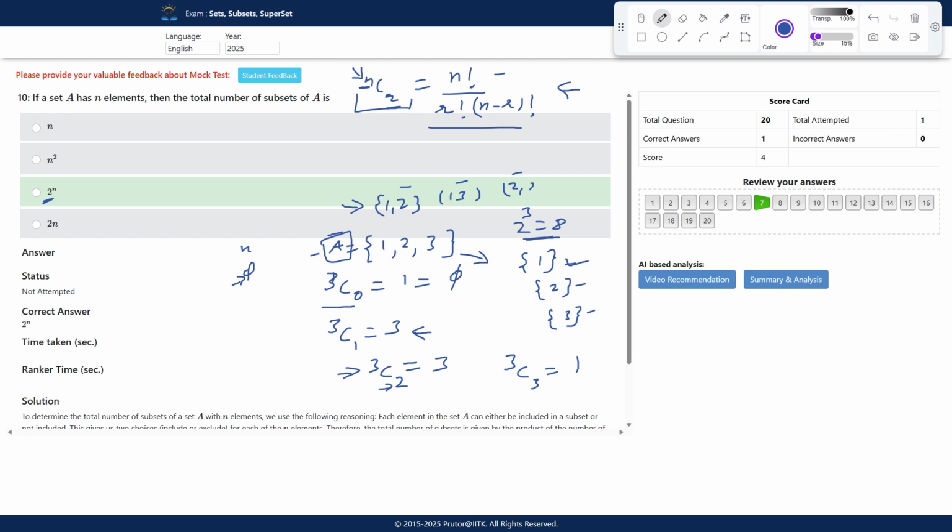Clear? And this will be true for any set having n elements. So what we are doing is just constructing the subsets as nC0, nC1, nC2, till nCn, which gives me, directly from the binomial, 2 raised to the power n.